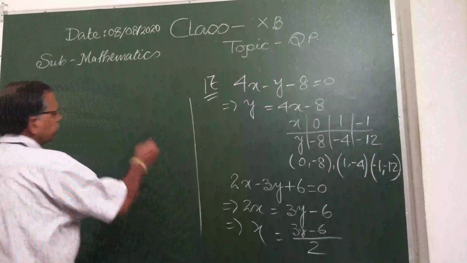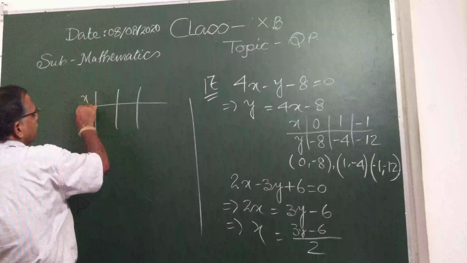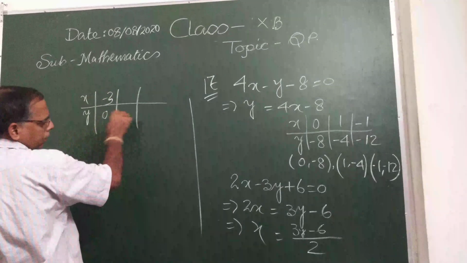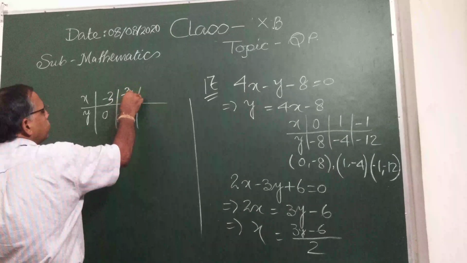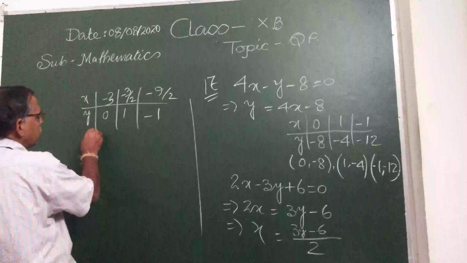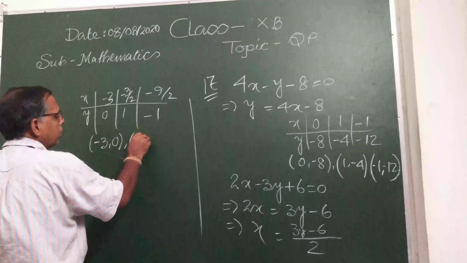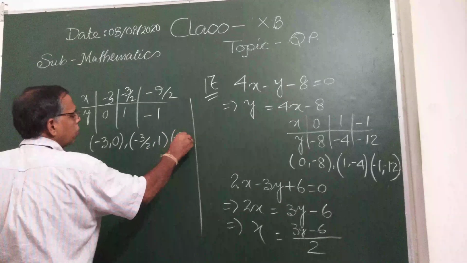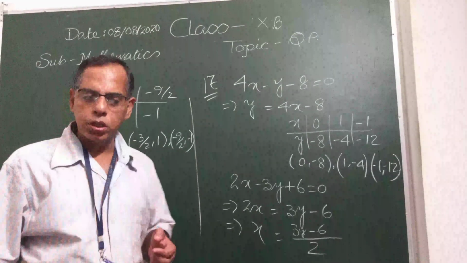So what it will be? x, y: y is 0, x is minus 3; y is 1, x is minus 3 by 2; y is minus 1, x is minus 9 by 2. So your coordinates are minus 3 comma 0, minus 3 by 2 comma 1 and minus 9 by 2 comma minus 1. So all the three sets of values you got.